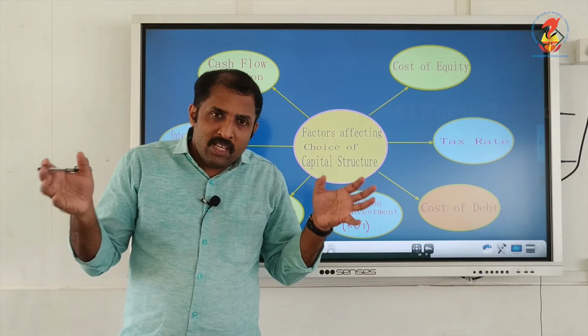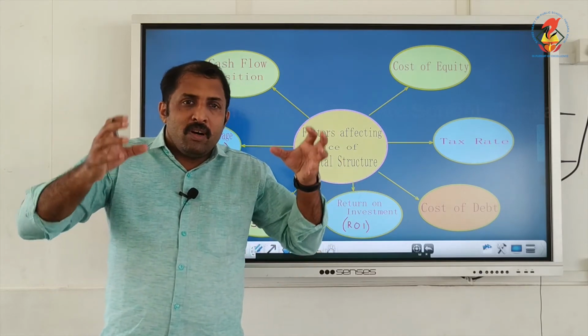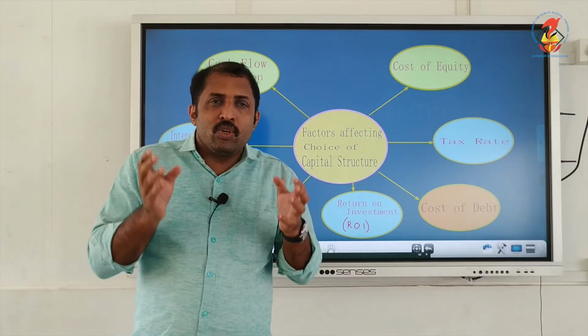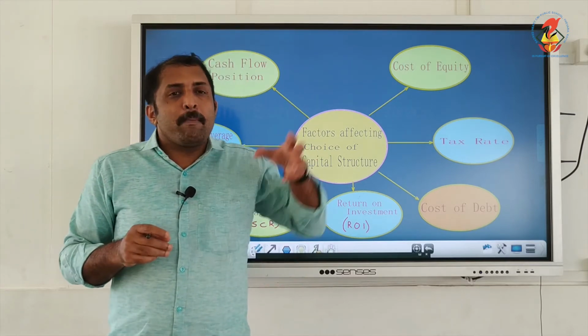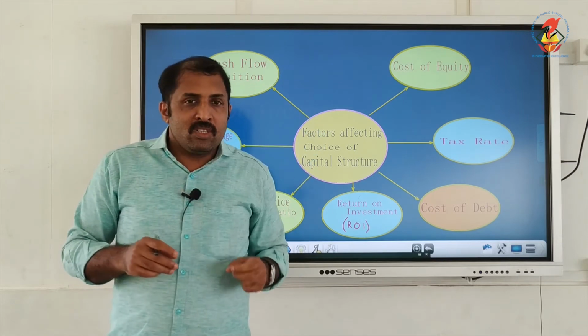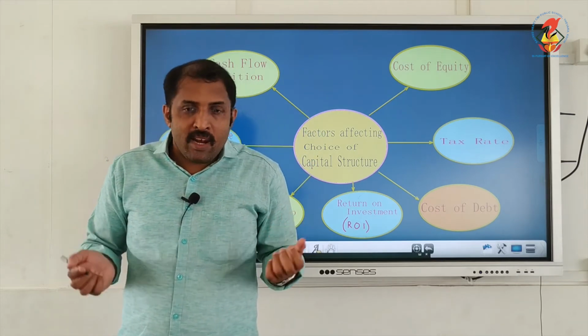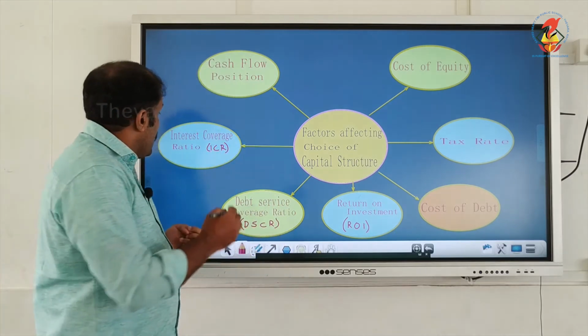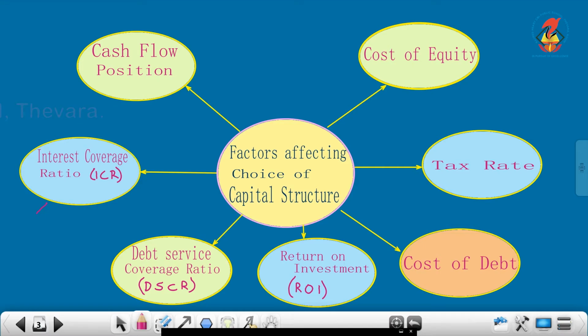So by calculating the interest coverage ratio, we are making sure that the company has the capacity to repay the interest obligations, and it is calculated using ICR equals EBIT by interest, where EBIT is the earnings before interest and tax.